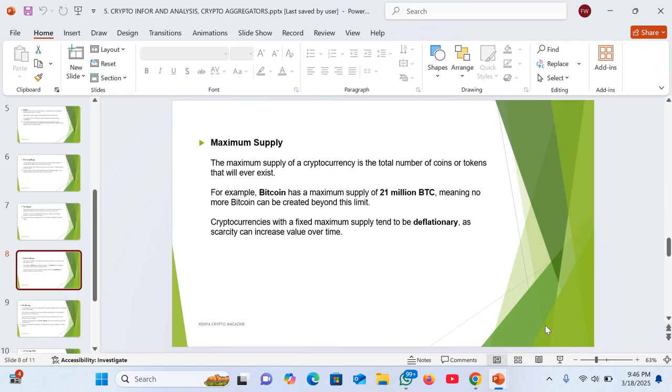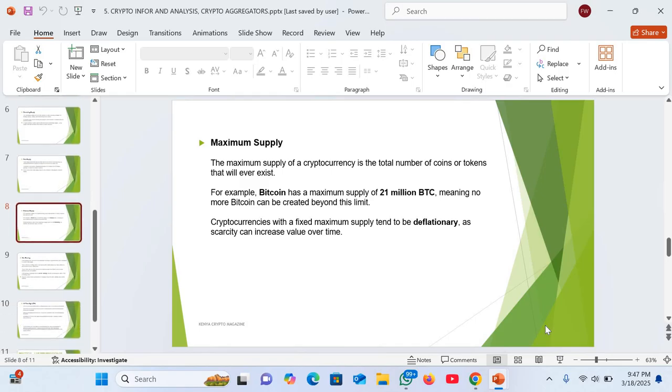Deflationary is just the opposite of inflationary. Inflationary is where general prices are increasing over time. So Bitcoin, considering it is very scarce, has a very high value as compared to all these other currencies that have a lot of circulating supply.